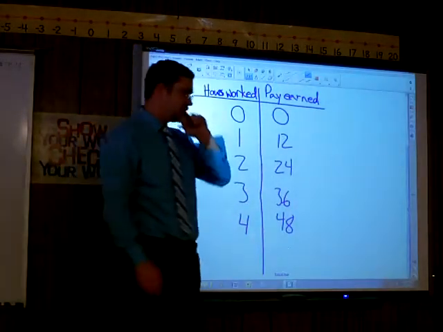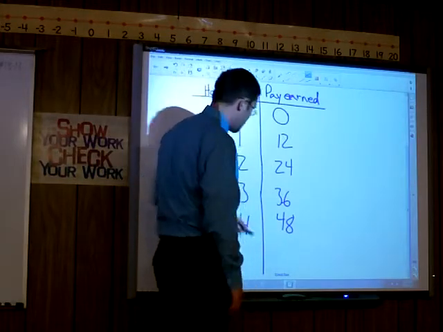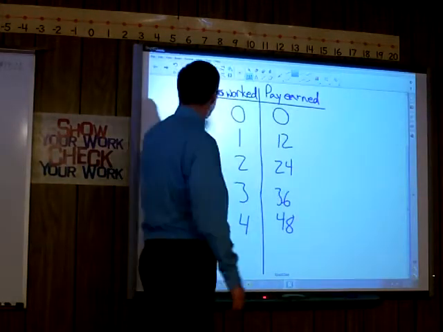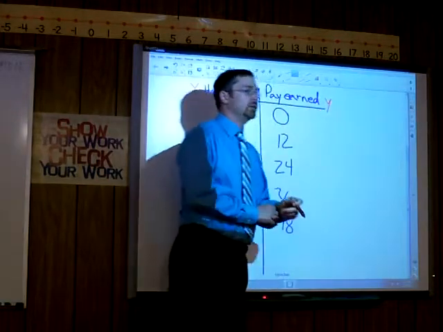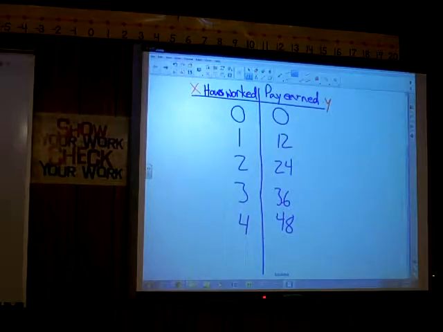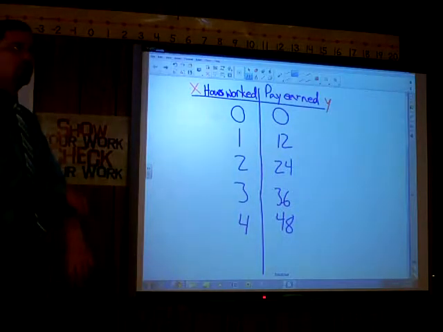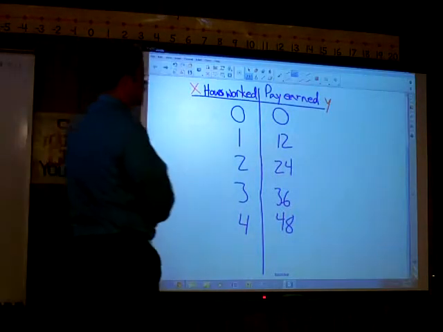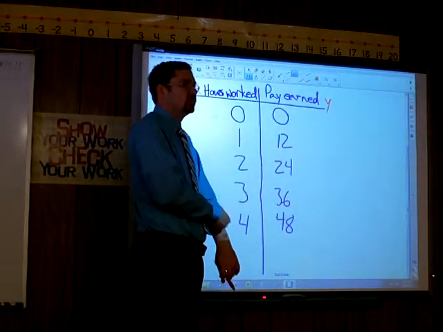Now, can someone tell me what an equation for this would be? Let's say my hours worked is my X, my pay earned is the Y. Could someone help me write an equation to illustrate that? Anna Marie? X equals 2y, and like 2x equals 2y something.